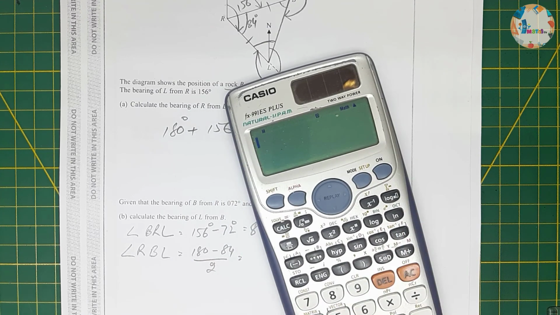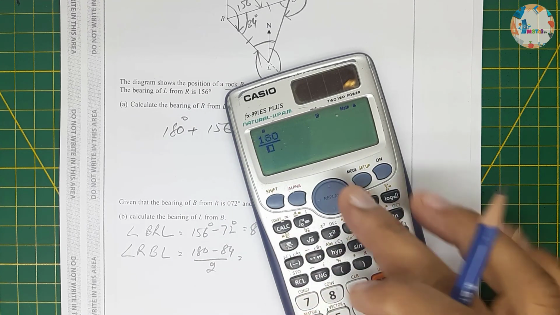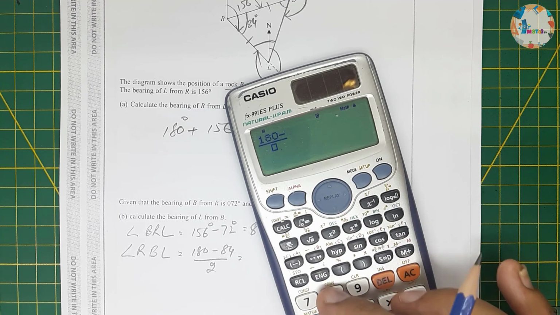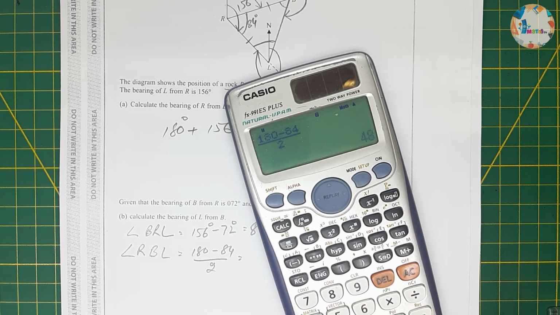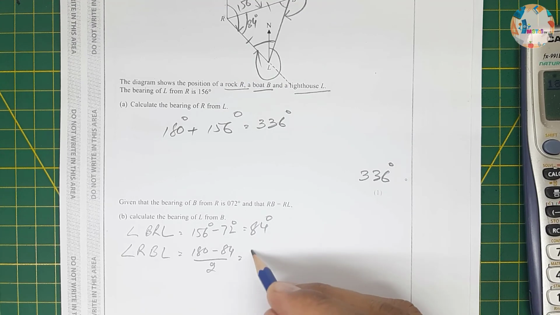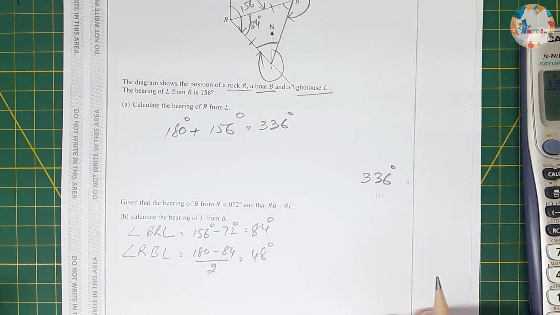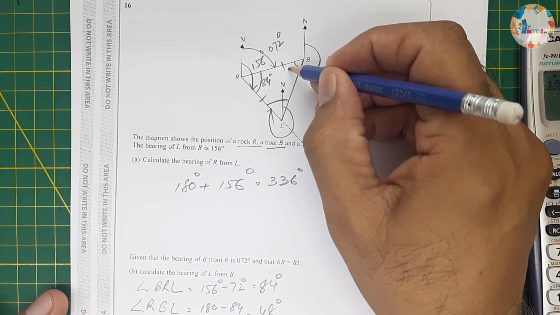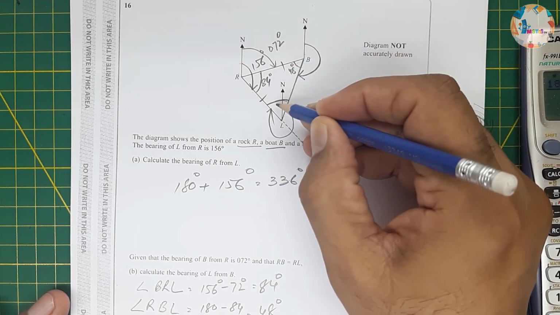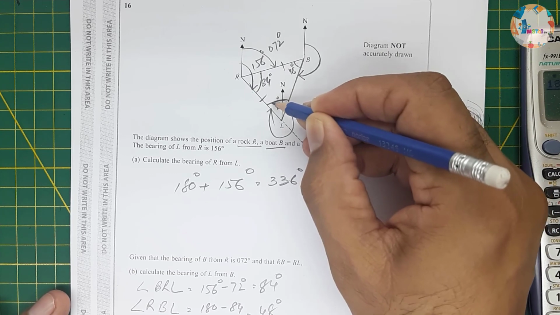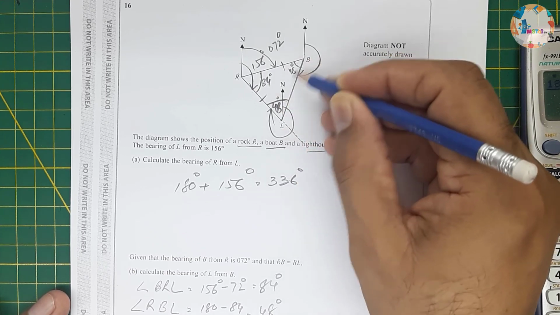So if we check this calculation, 180 minus 84 divided by 2 will give us 48 directly. So this will be 48 degrees. So this angle is 48 degrees and this angle is also 48 degrees.